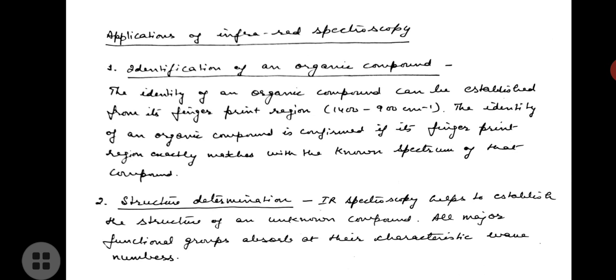The identity of an organic compound is confirmed if its fingerprint region exactly matches with the known spectrum of that compound. So if the fingerprint region exactly matches with the known spectrum of that compound, we are sure. The compounds containing the same functional groups may have similar absorptions above 1500 cm⁻¹, but they differ considerably in fingerprint regions.